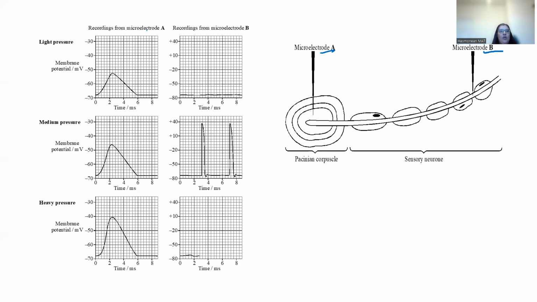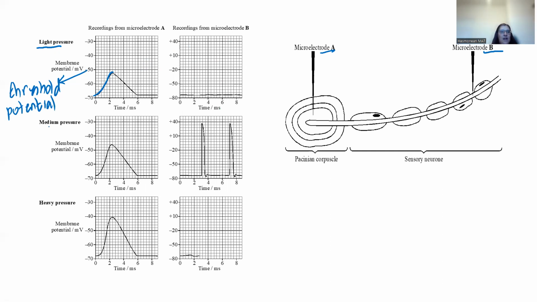So if we look at microelectrode A with light pressure, what you will see is, yes, we get some depolarization, but it doesn't reach my -50, which is my threshold potential in this case. So because it never reaches that, we don't generate an action potential within our electrode B.